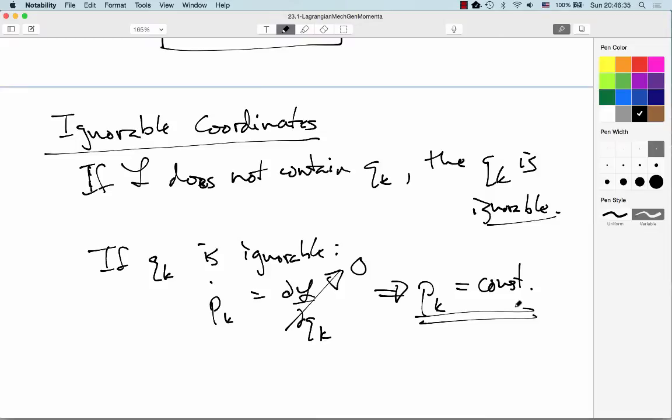So if you have a generalized coordinate missing from the Lagrangian, so if it's ignorable, then the conjugate generalized momentum is conserved.